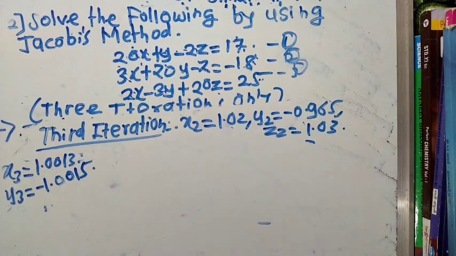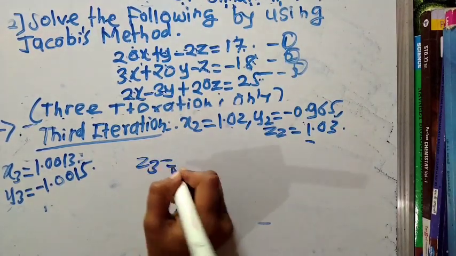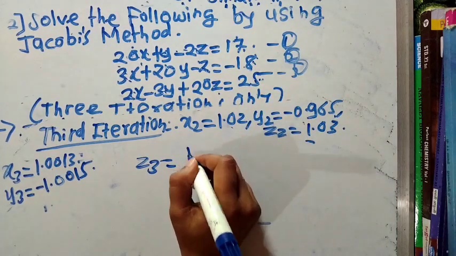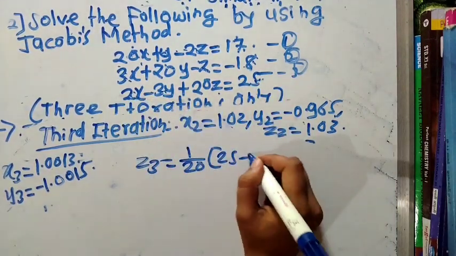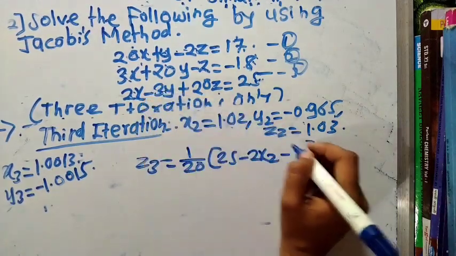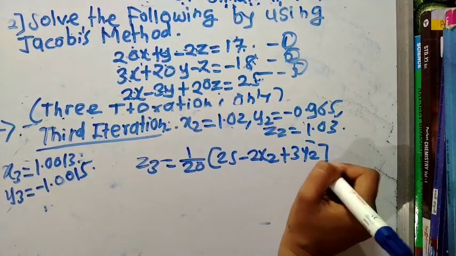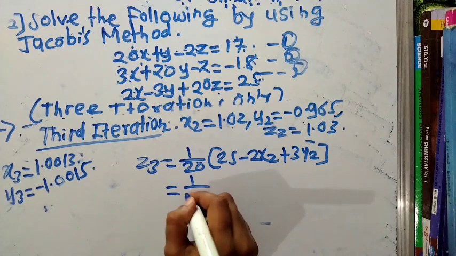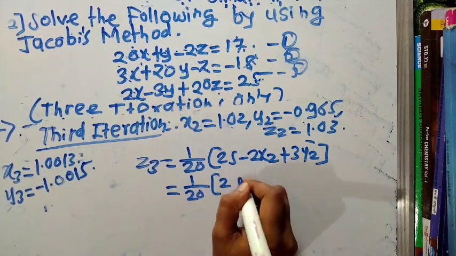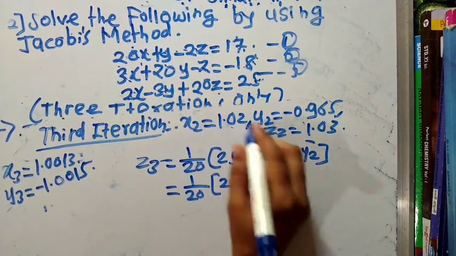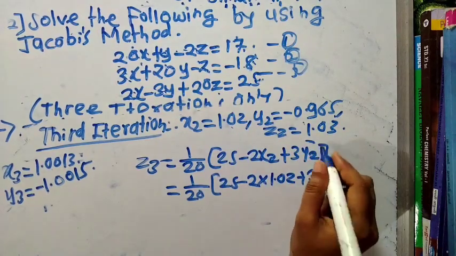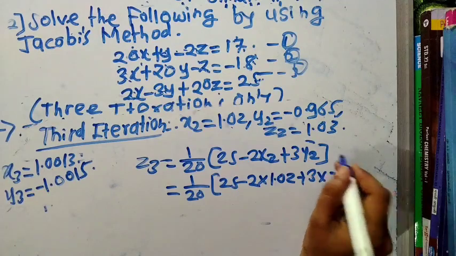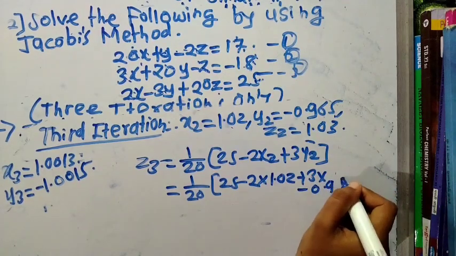Then find out z3, which is equal to 1 divided by 20, 25 minus 2x2 plus 3y2, which is equal to 1 divided by 20, 25 minus 2 into x2 plus 3 into y2, which is minus 0.965.